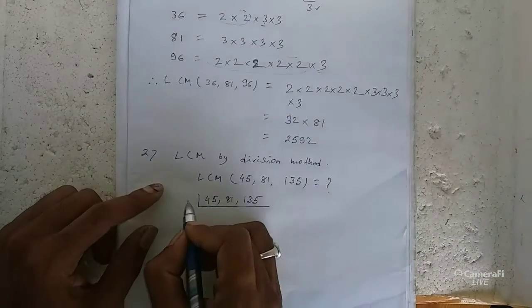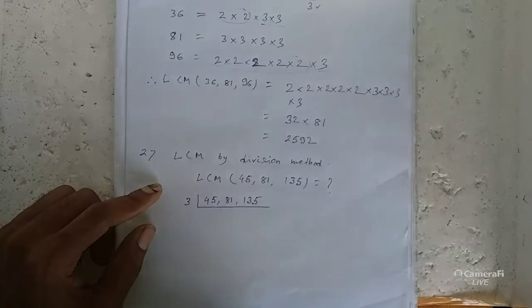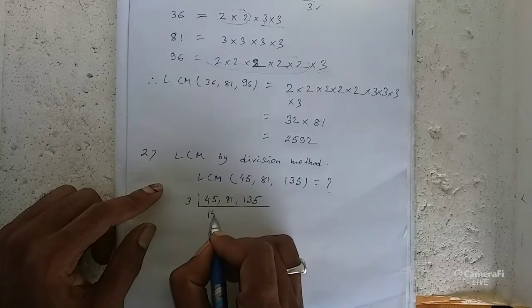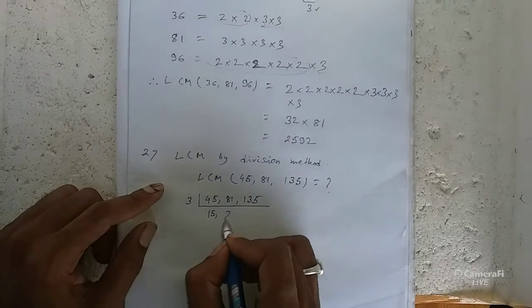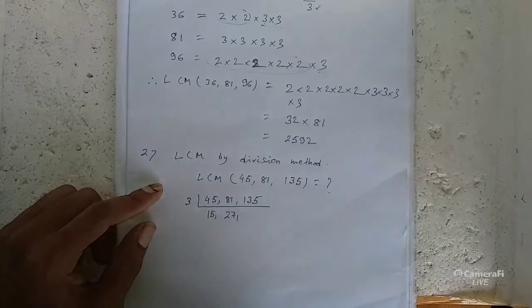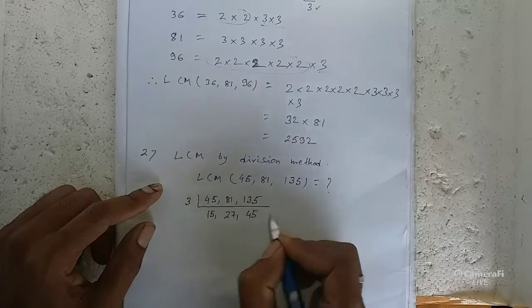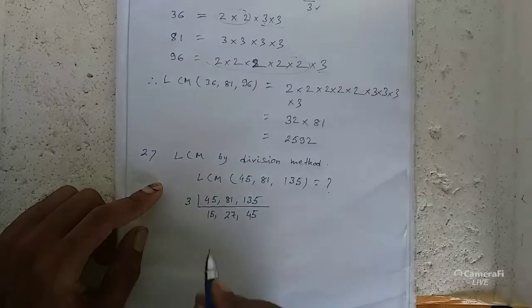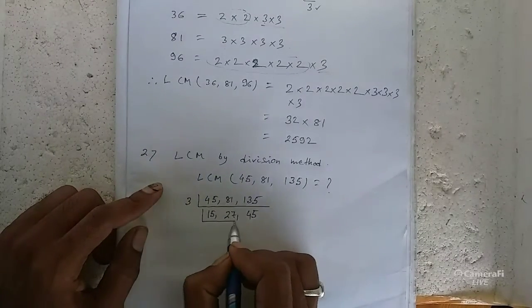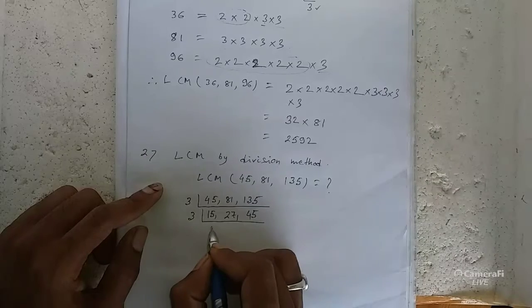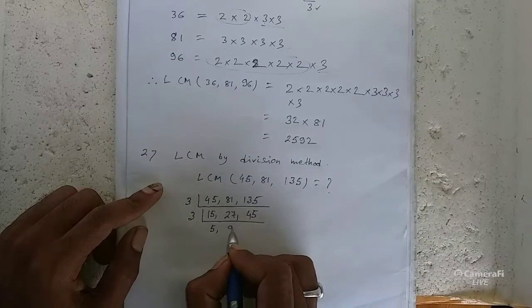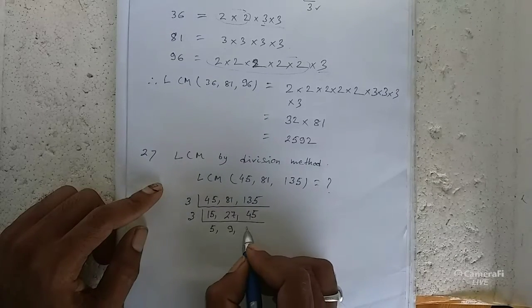We get 3 which can divide all of this. 3 fifteens are 45, 3 twenty-sevens are 81, 3 forty-fives are 135. Again 3 can divide each of the numbers. 3 fives are 15, 3 nines are 27, 3 fifteens are 45.